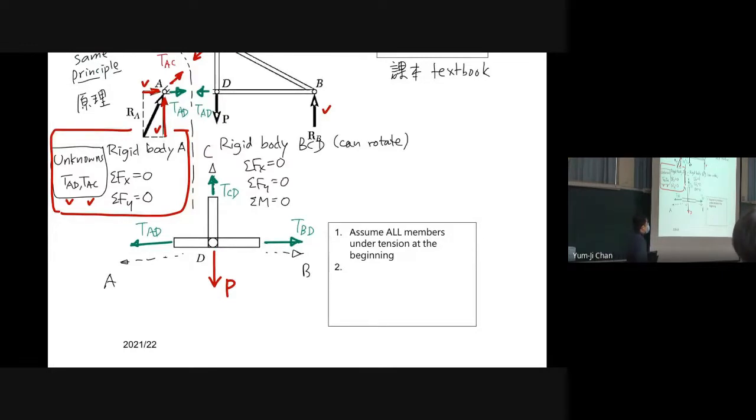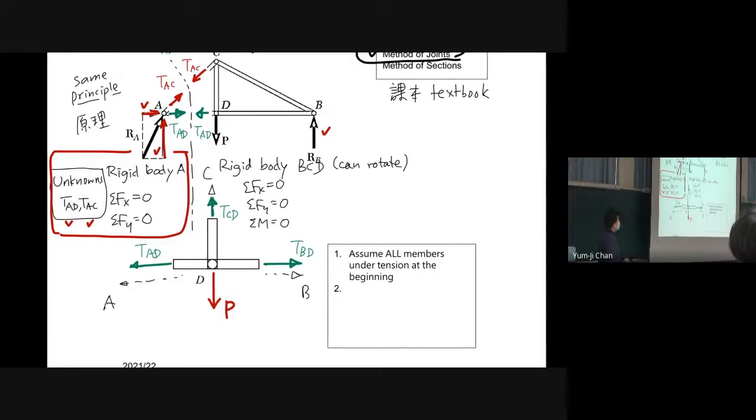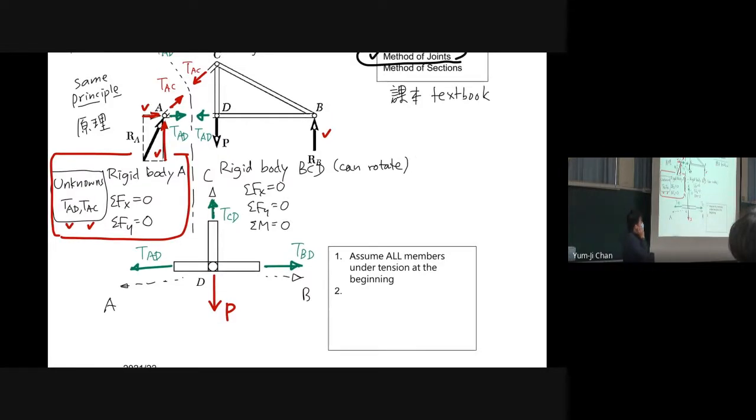Now, I have three things for you. In this kind of process, we want to determine if we have forces in these members. For example, do we have force in member AB? Do we have force in member AC? Do we have force in member BC, for example?